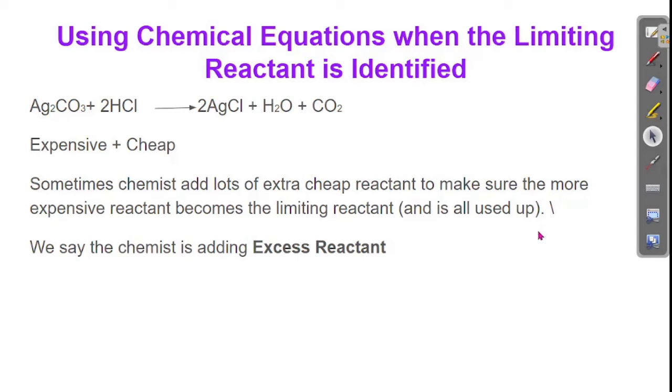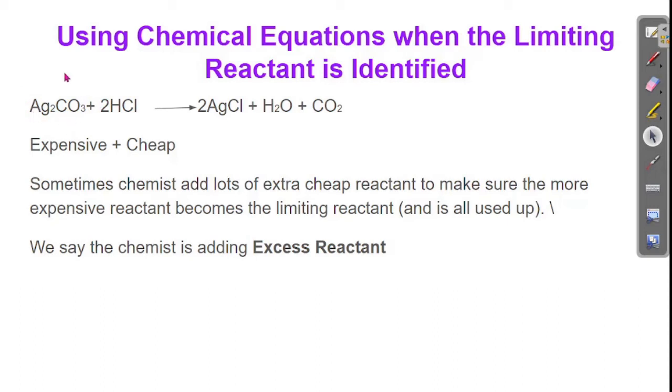You don't want leftovers for that very expensive reactant. So they do it on purpose. For example, here. This right here has silver. This is silver. This is very, very expensive. The hydrochloric acid is not. So the chemist wants all of it to react.